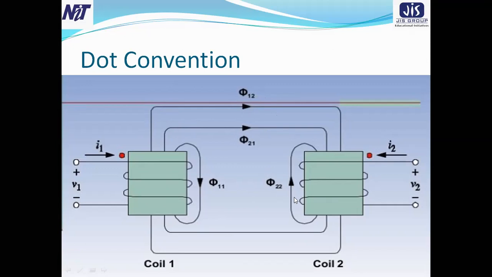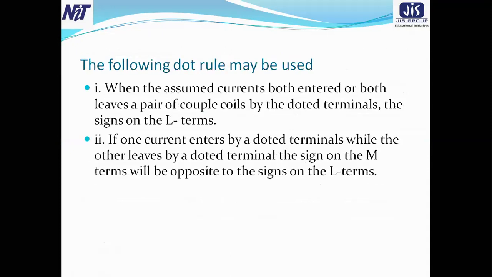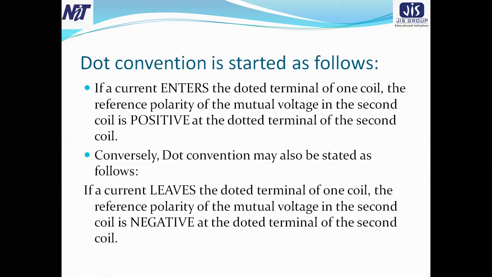Now, the dot convention is stated as follows. These are the things we have to remember. If a current enters the dotted terminal of one coil, the reference polarity of the mutual voltage in the second coil is positive at the dotted terminal of the secondary coil. It's written very clearly.